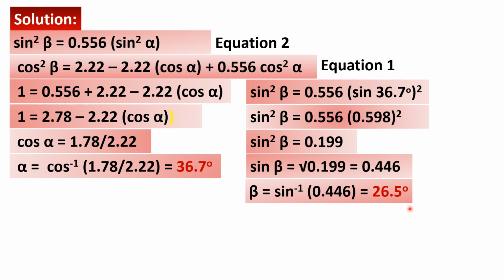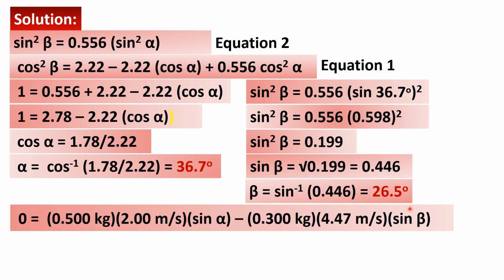Now that we know the two angles, we also got the value of the final velocity of the lighter or the smaller particle. So by plugging in those data into the equation for conservation of momentum, okay, this is what we will get.